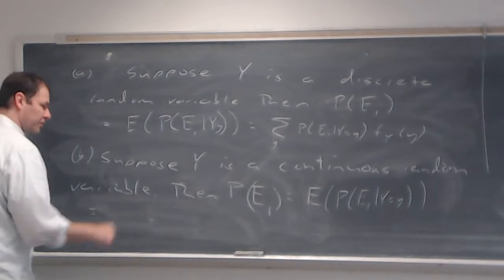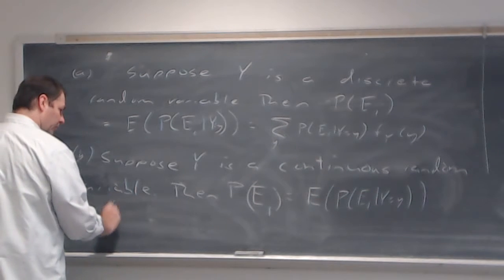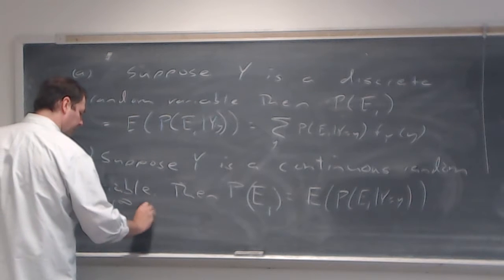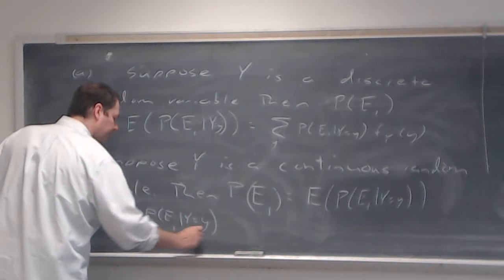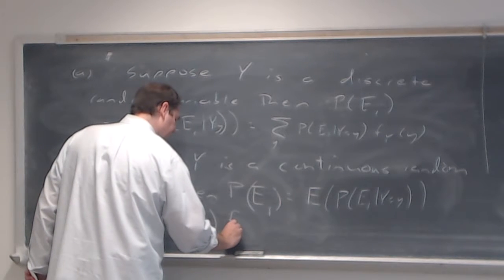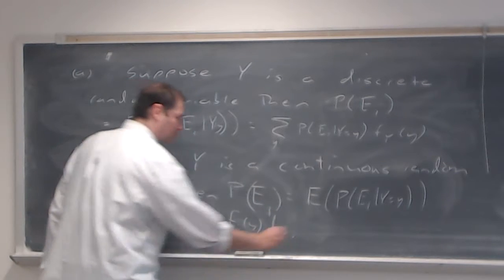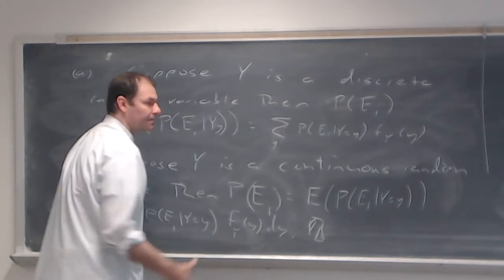In the continuous case, this is nothing more than the integral from minus infinity to infinity of this function of the random variable Y, the probability of E sub 1 given Y equal to y, times its PDF, f sub Y, dy, and that's what we want to prove. So we have the result in both cases.